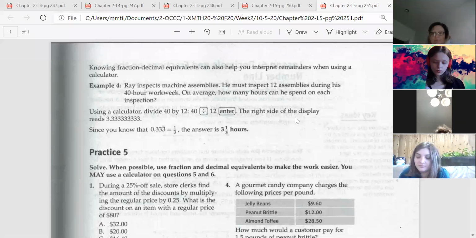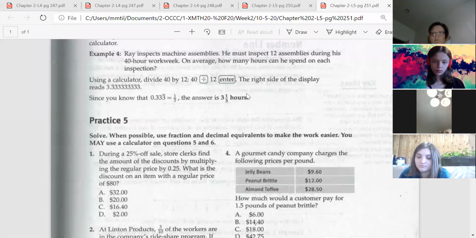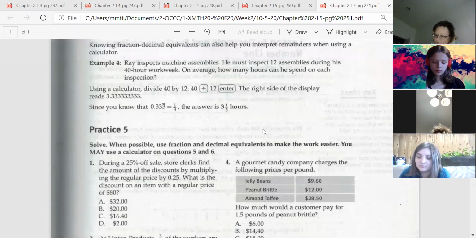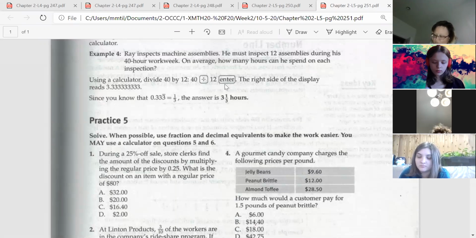Let me share again. They're just showing you how to divide with your calculator. If you don't know how to do this, look at this and just play around with it a little bit. Does everyone have that calculator or one similar to that? Most of you? Okay.